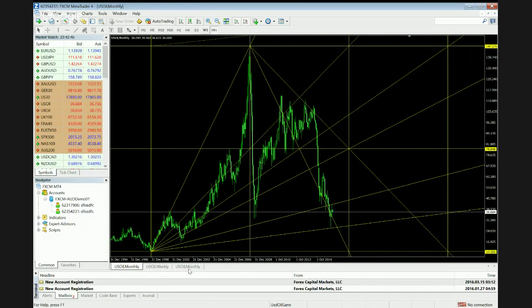Okay, I just want to show you how to draw Gann lines. But before I start, I just want to share with you the concept of coordination in the Gann system of trading. In Gann trading, we need to coordinate 3 time frames to make a decision.